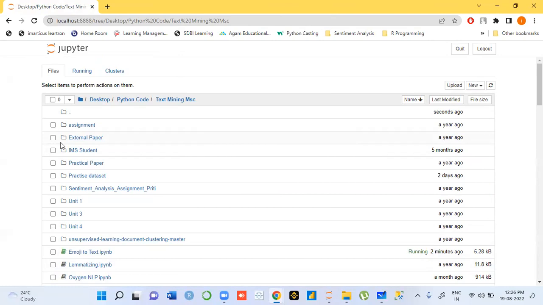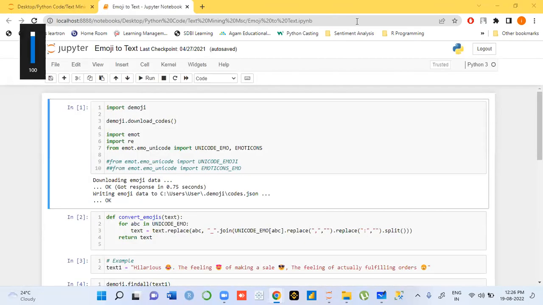Hello, sir. Yes. In this emoji to text, this text processing for sentiment analysis and everything. Rahul, your volume is not too clear for me. Can you repeat again or you can type?